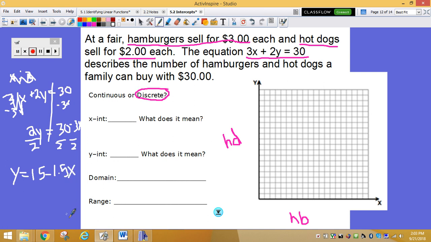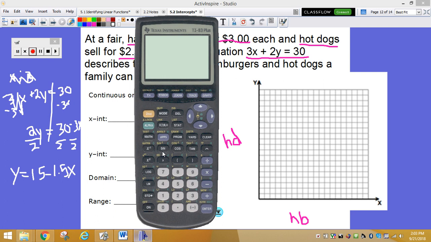It doesn't matter. So let's grab our awesome calculator. Go to y equals, clear this out. Let's do 15 minus 1.5x. Let's go to our table and let's go up because we're in negative money right now.